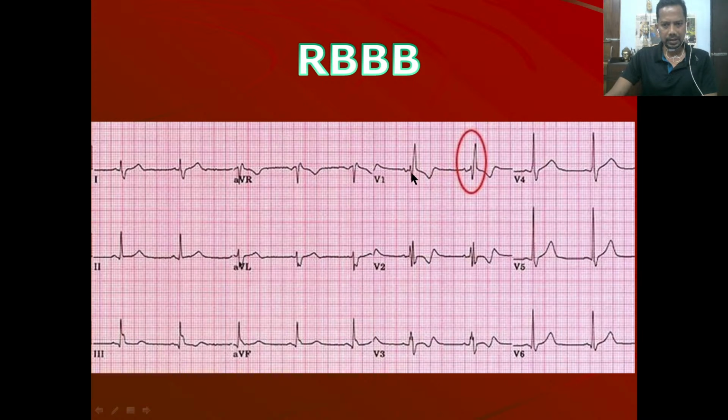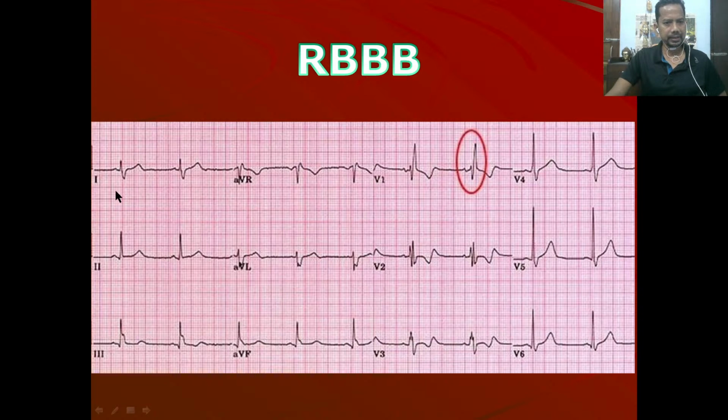Okay. So now we come to right bundle branch block. Broad QRS, more than 3 small squares in V1, V2. For RBBB you have to look just in V1, V2, not in V5, V6 or lead 1 or lead 2, just in V1, V2. They are over the right ventricle, interventricular septum. So RS pattern you are seeing out here, and there's a tall R, and so there is a broad QRS, ST depression with T wave inversion, concavity of ST depression, and a right axis deviation.